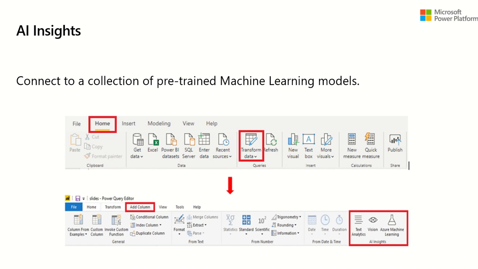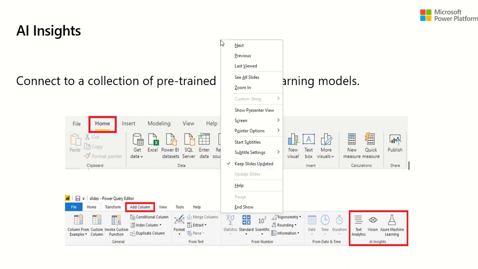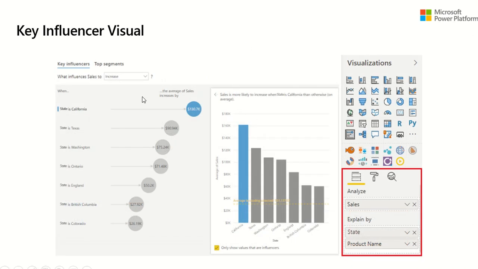If you put in a product picture, it will be able to match the name of the product to the picture you provided. So that is vision, and there are a lot of Azure machine learning tools that can work with Power BI. We also have key influencer visuals, which you can also use.